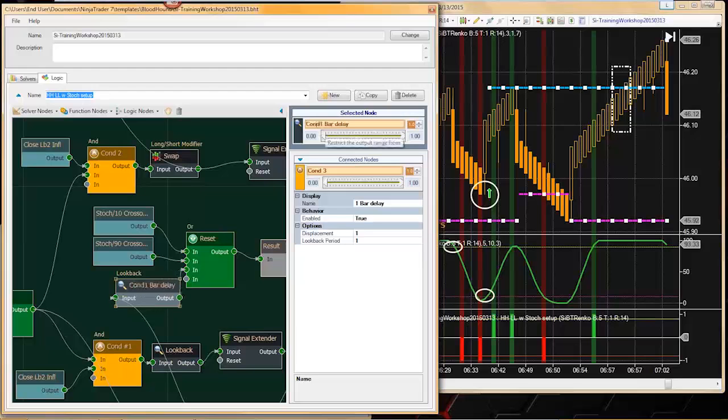And here actually I'll give this a more thorough name. So this is condition number 3. There we go, and it's a 1 bar delay.